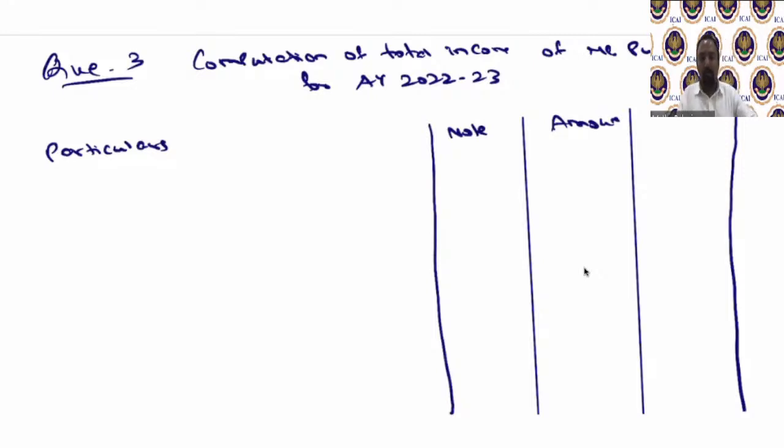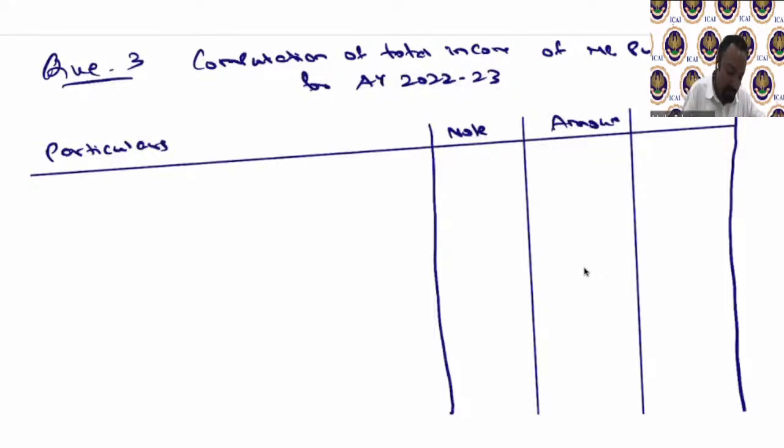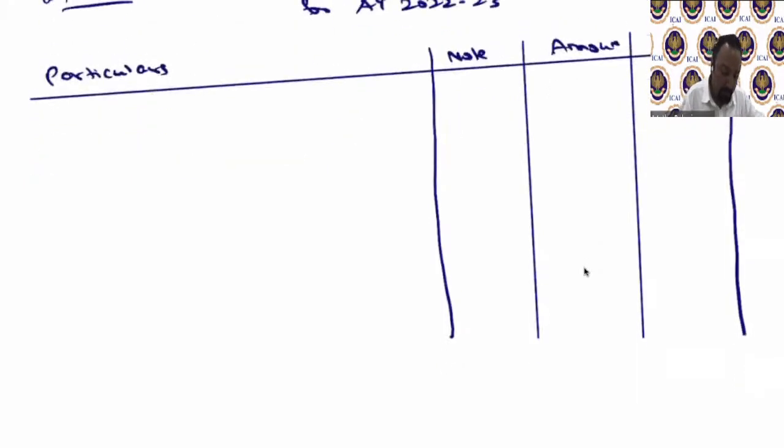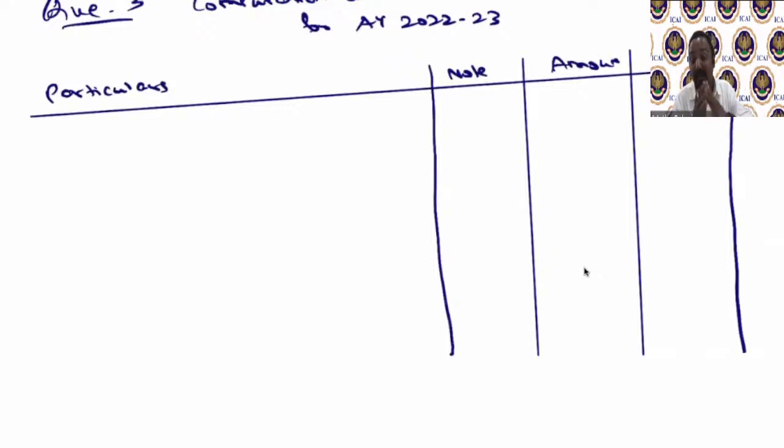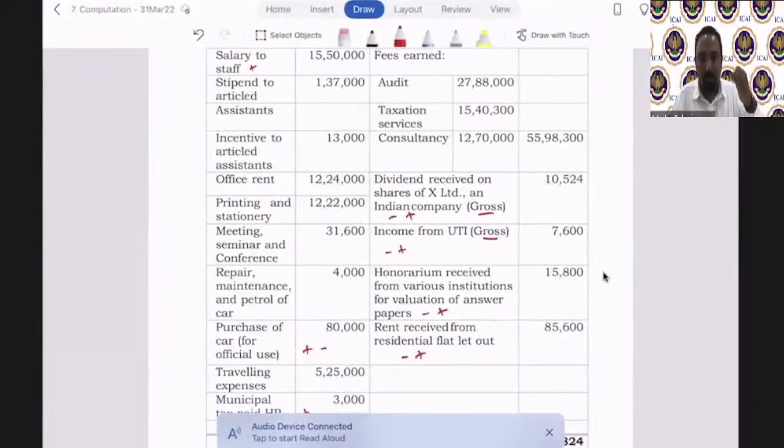So with this, probably what I will do is, I'll first start with the computation. So you'll have to go head by head. So we'll have to see what all the heads covered are. You have house property, you have business or profession, you have income from other sources. So these are the 3 heads that you have.